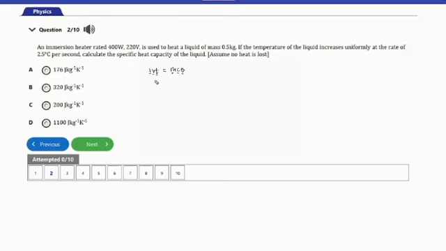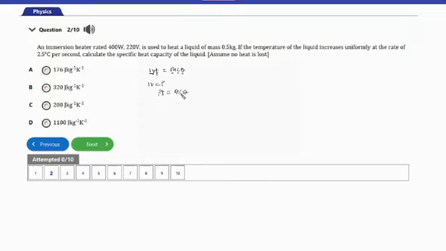So guys, we don't have the current here, but we actually have power. So we can have that IV is equal to P, and then we change that in this equation. So this equation becomes PT is equal to MC theta.